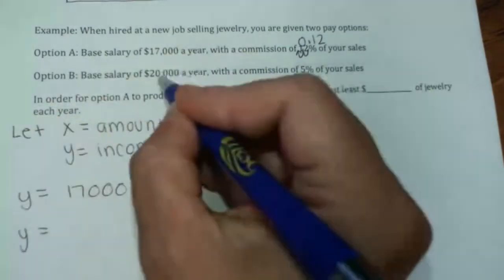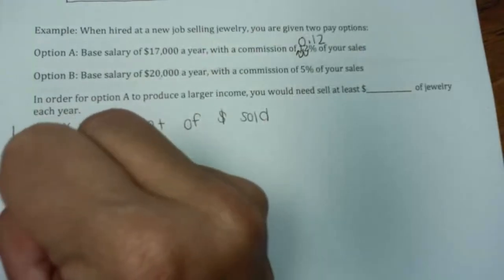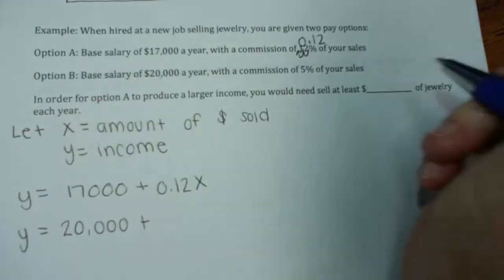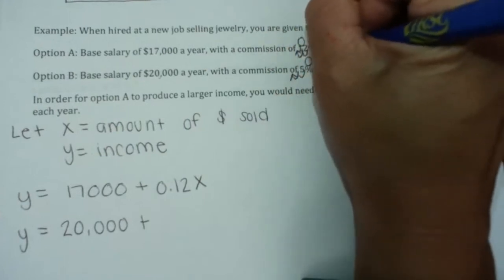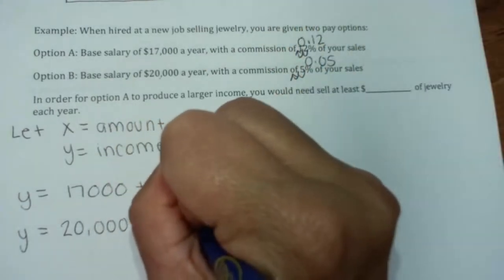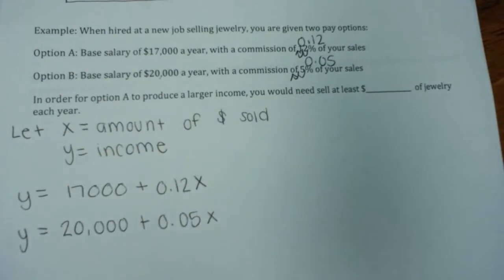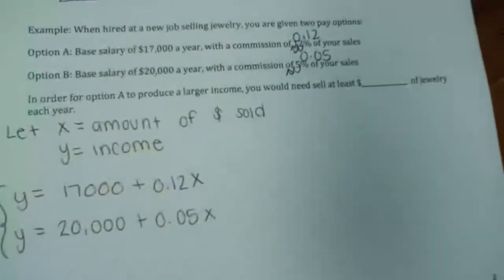So Y equals base salary of $20,000 plus 5%, moving that decimal 2 places to the left again, 0.05 times your sales, so times X. Boom, hardest part done. Those are our 2 equations.